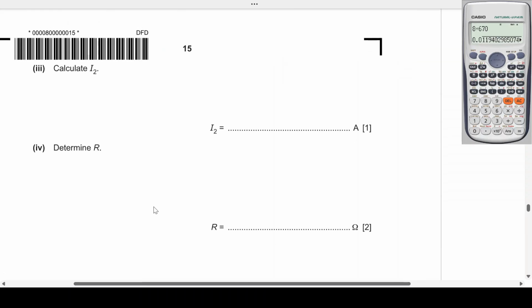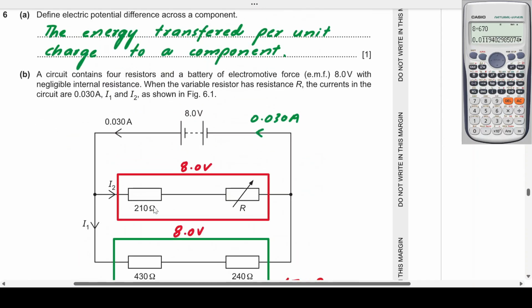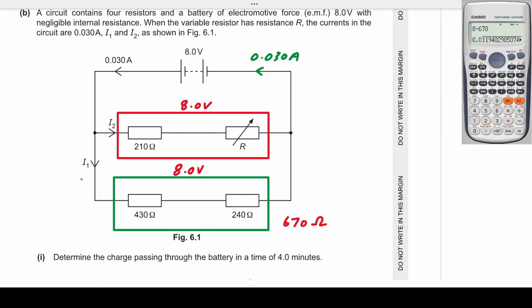Then we are supposed to find the current I2. Okay, so I can label this one. This one current was 0.012 amperes. The question would be, think about it. If a total current of 0.030 amperes flows through the battery, out of that 0.03 amperes, 0.012 goes downward.